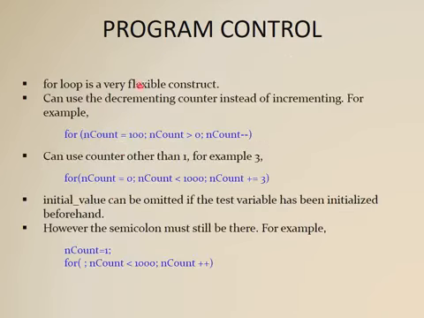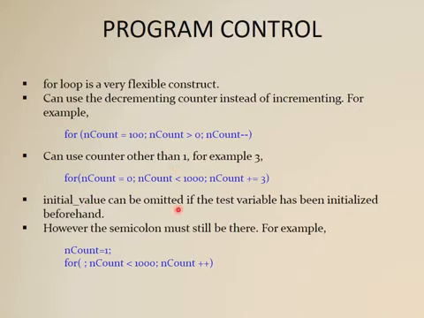So basically the for loop is very flexible to construct. It can be used to decrement the counter and also to increment. So we can decrement from 100 to 0. We can also increment the counter not only by 1 but using values other than 1.